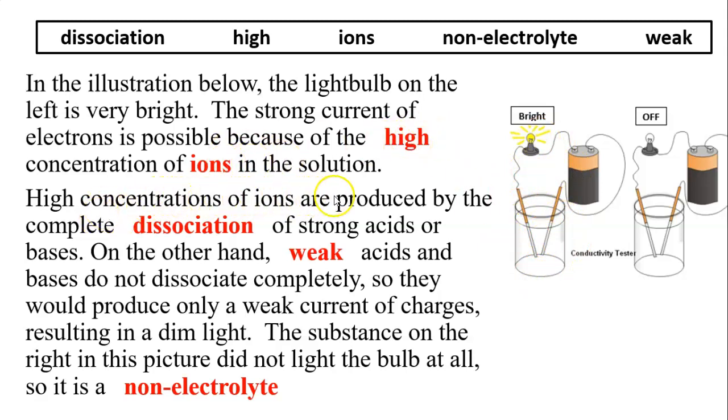High concentrations of ions are produced by the complete dissociation of strong acids or bases. On the other hand, weak acids and bases do not dissociate completely, so they would produce only a weak current of charges with a dim light, which is not pictured here, okay? The substance on the right hand over here did not turn the light bulb on at all, so it's known as a non-electrolyte. Now again, fill in the blanks, reading this is boring.